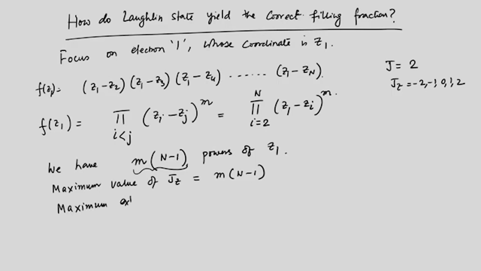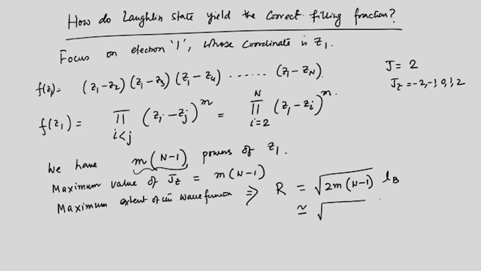And the maximum extent of the wave function is given by r equal to the square root of 2m(n minus 1) times LB. LB is outside the square root, and because n is so large, it does not matter whether you write n minus 1 or n.